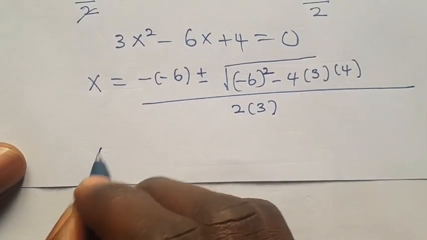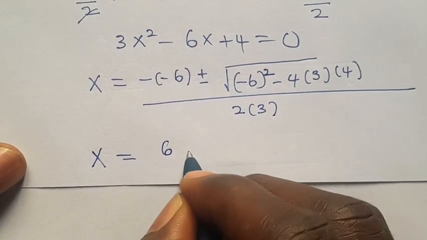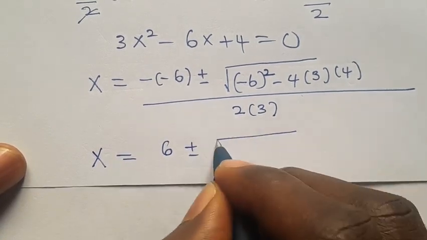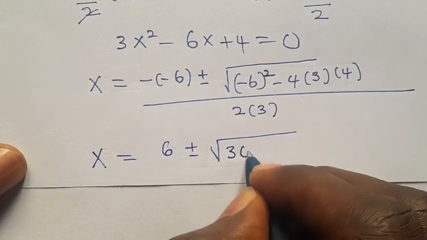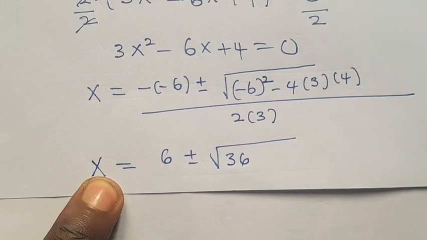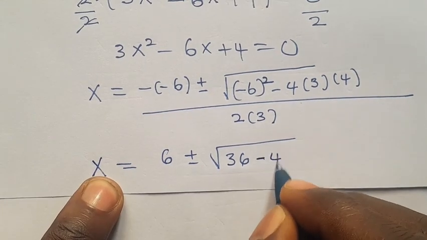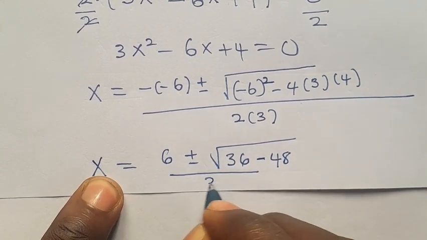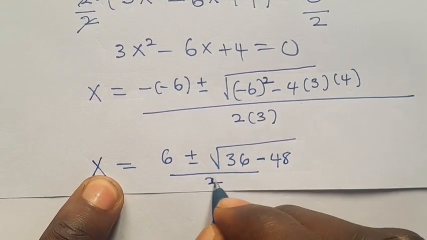So we have x equals 6, positive or negative, root of this will be 36, then this will be 48, all divided by 2 times 3. There will be 6.